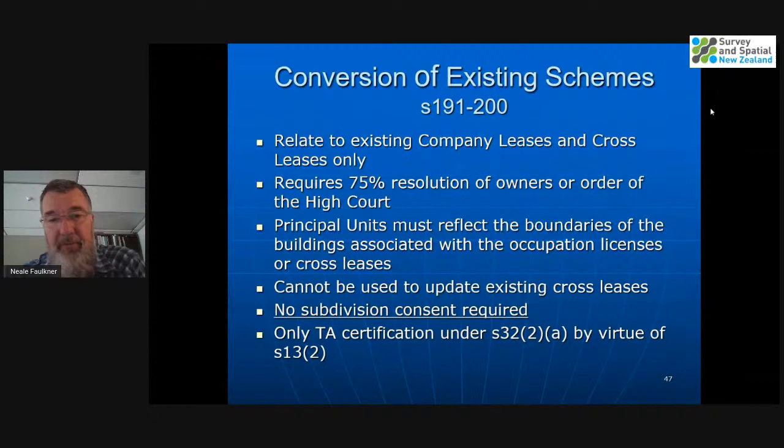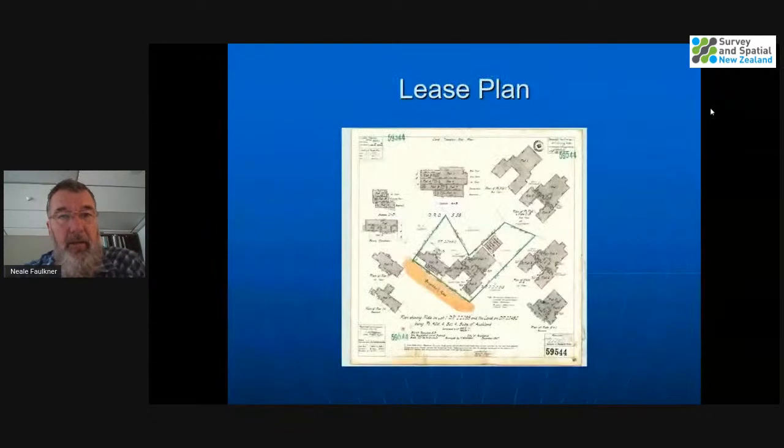There's no yes, no answer. They're just providing a certificate. It's a little bit convoluted in the Unit Titles Act, but if you want to follow it through, look at section 13, part 2, which talks about the fact that these particular situations are exempt from part 10 of the RMA. So here's an example of one that we did.